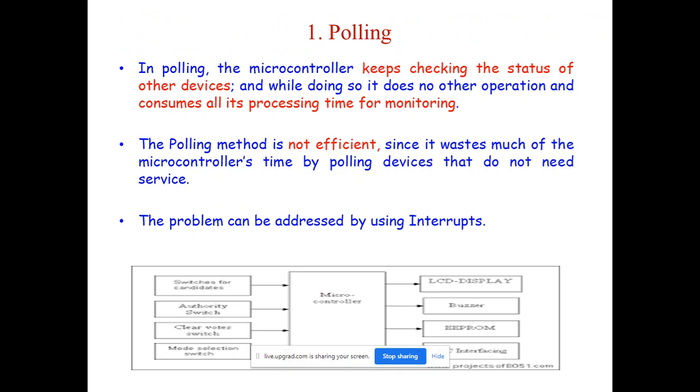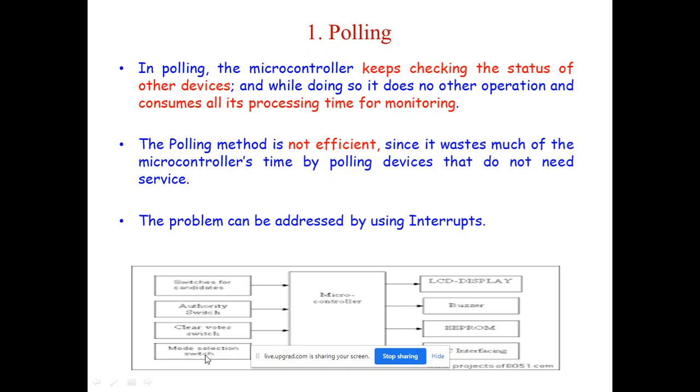In the polling method, again there are a number of input devices and output devices surrounding the microcontroller. In the polling method, the microcontroller continuously checks each device one by one and checks whether anybody wants its service or not. For example, the microcontroller first polls the first input device and checks whether it wants service. Suppose not, then it asks the next, second input device, then third, then fourth.